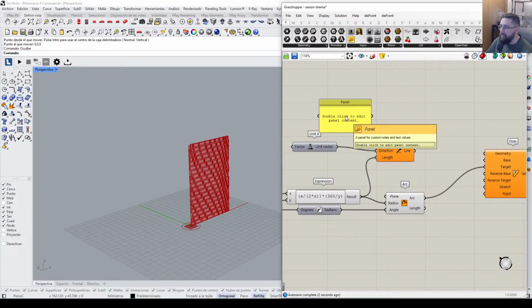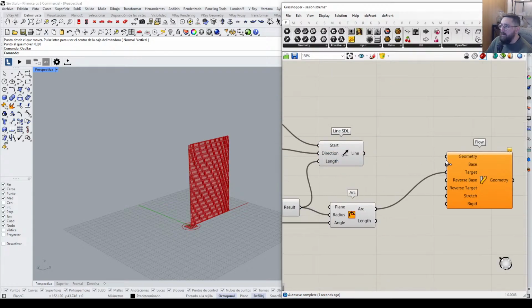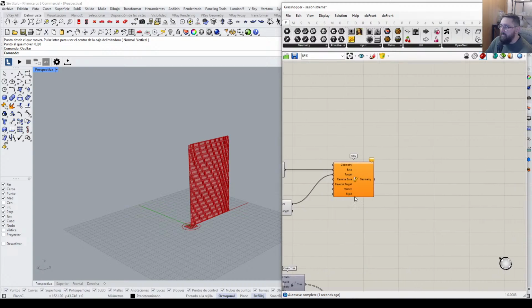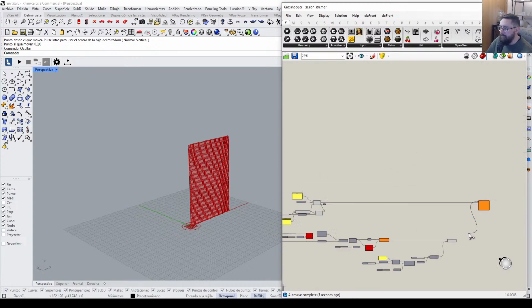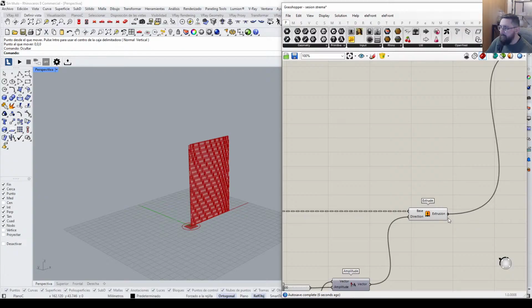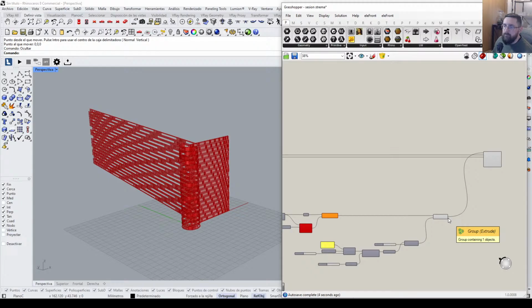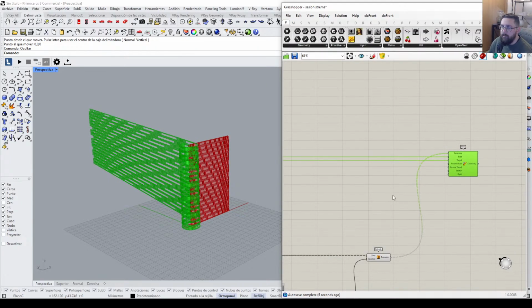Panel, 000, base, and then let's do this. Let that load. Oh, what the fudge happened here?